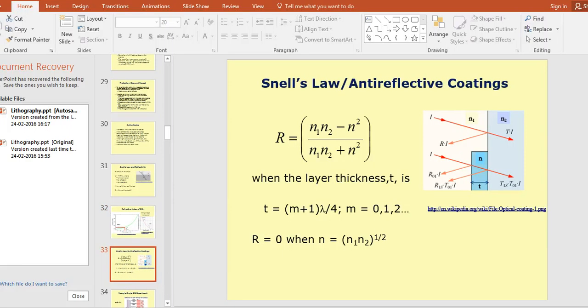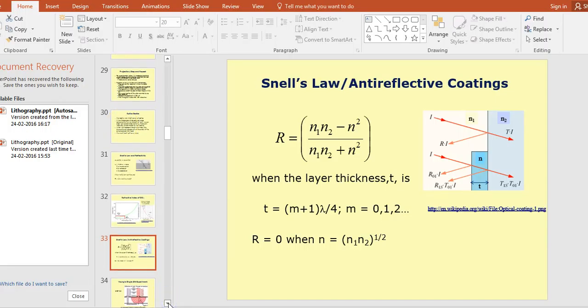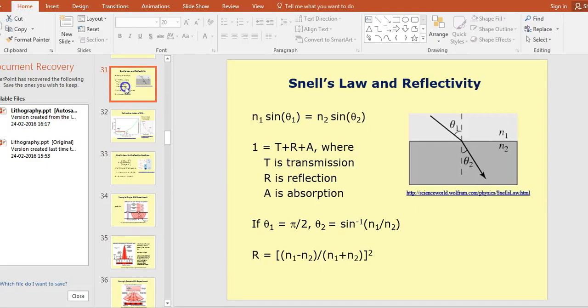If N1 is high as compared to N2, say instead of air I use some other environment or material of higher refractive index than air, it will give us better resolution.